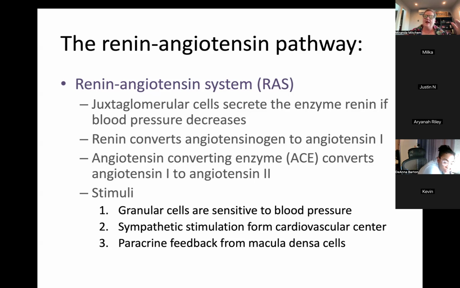Anytime we have these multi-step pathways, that gives the body the ability to finely control the timing, which means we can get through part of a pathway and hold, and then be ready to respond quickly because we're already halfway there or some way there.